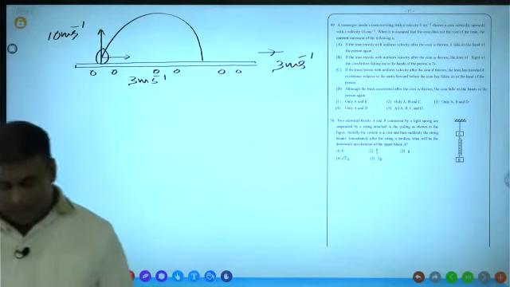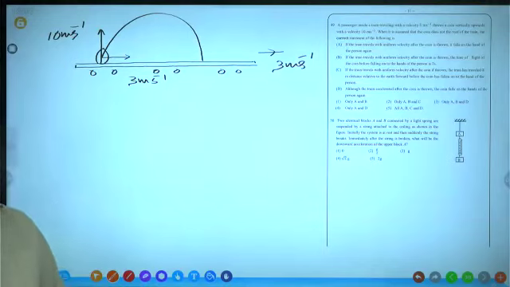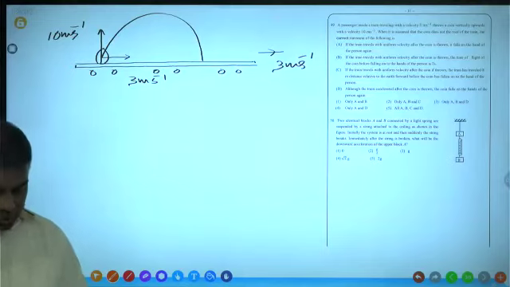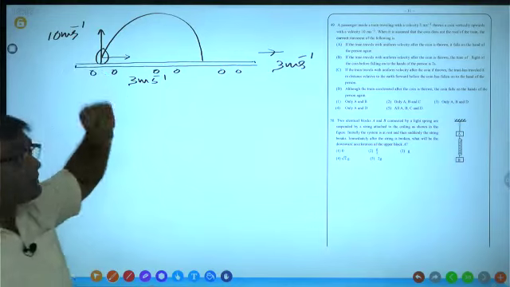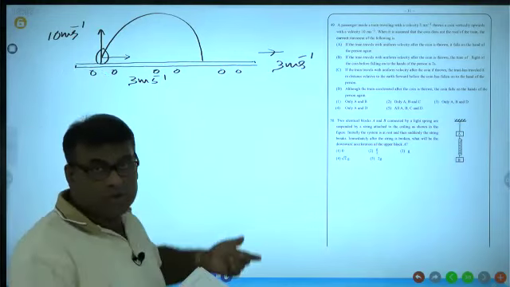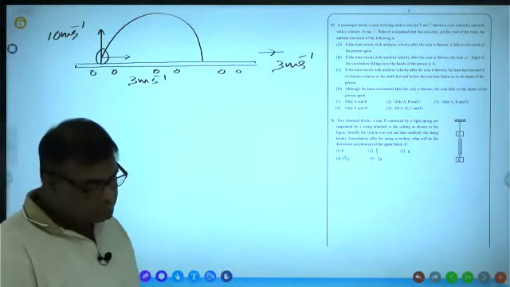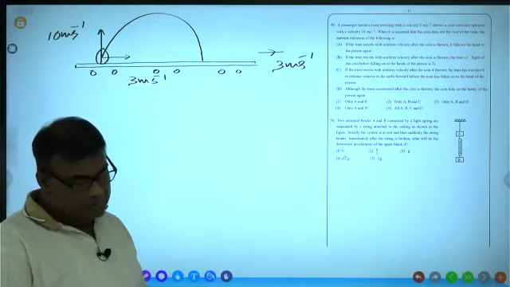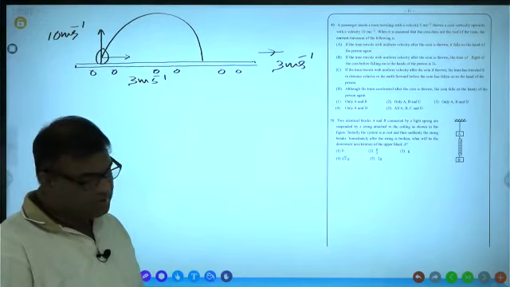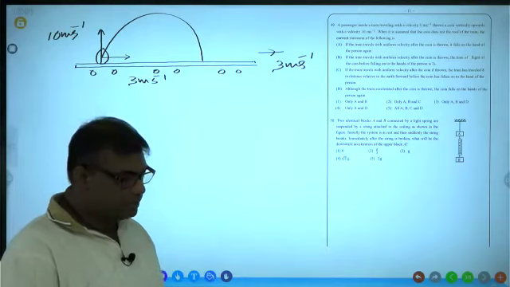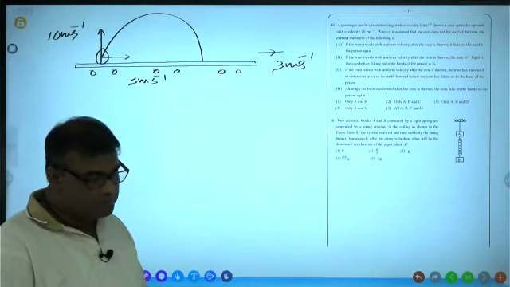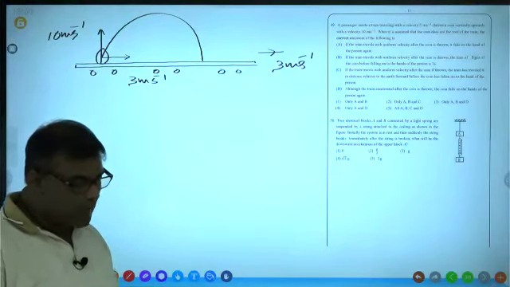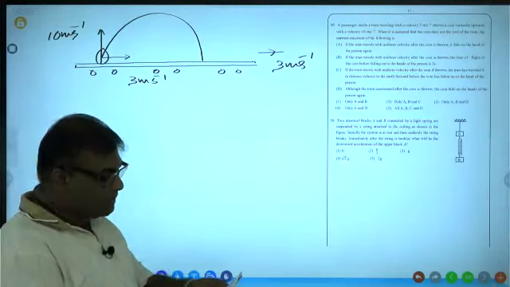It is assumed the coin does not hit the roof of the train. The correct statement of the following is: first one, if the train travels with a uniform velocity after the coin is thrown, it falls on the hand of the person again.